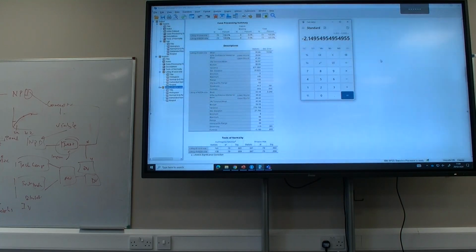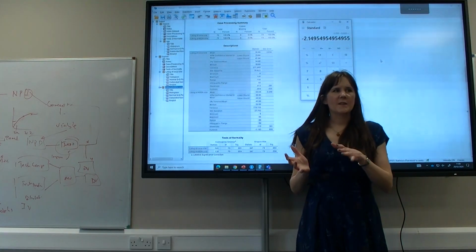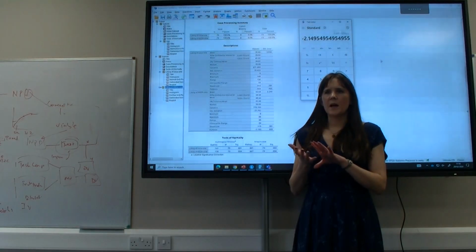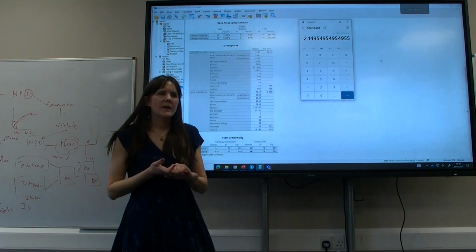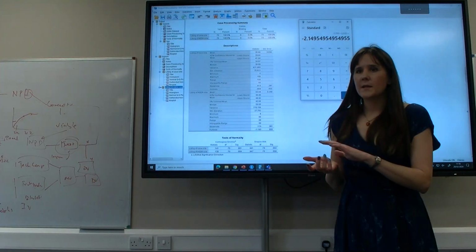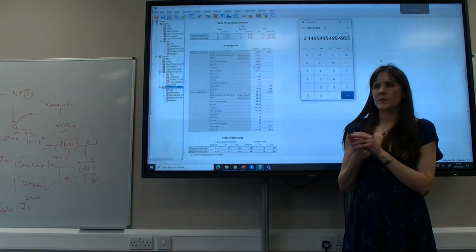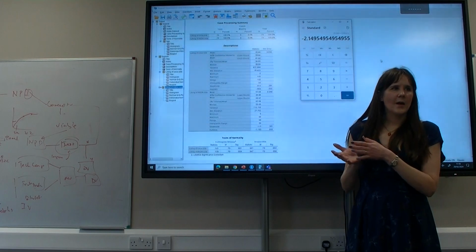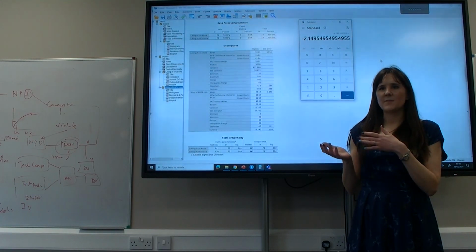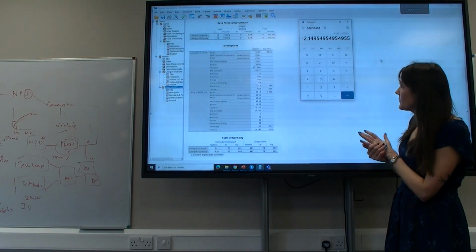Right. So thank you. Okay, so we've done the first stage, which is checking normality and outliers. We have found some outliers, and age was not normally distributed. So when we come to do the correlation, we'll just use the non-parametric correlation, which isn't affected by outliers or skew or anything like that.